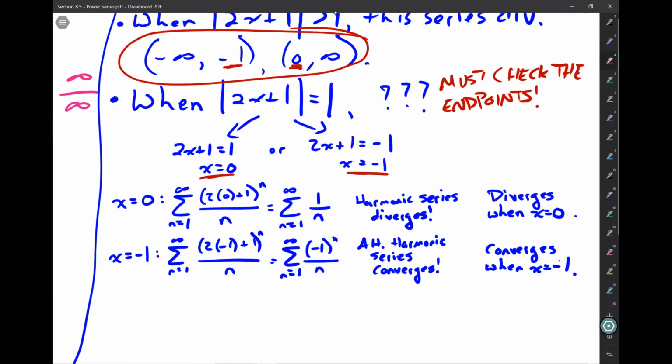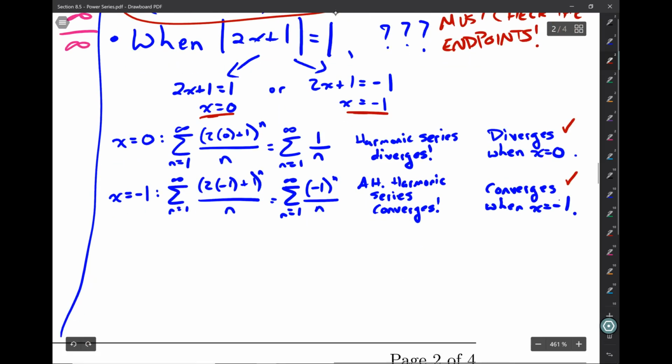These tests might be the comparison tests, the limit comparison test, the alternating series test, the integral test, or geometric or p-series, any one of those other tests that we've talked about. But these particular endpoints must be checked, especially knowing that one of those endpoints diverges, one of those endpoints converges.